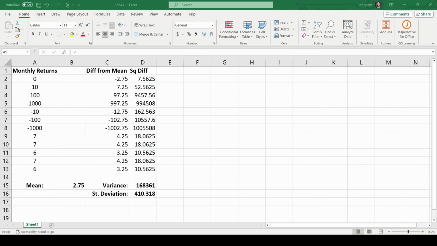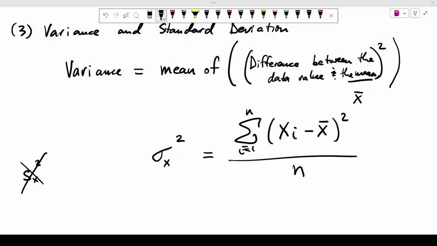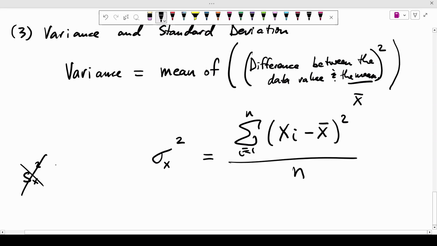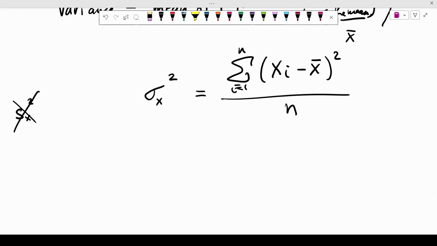Let's suppose we had to calculate the standard deviation by hand. Now, let's get a smaller data set because it's a bit of work to do. Let's say we have 2, 4, 6, 8.